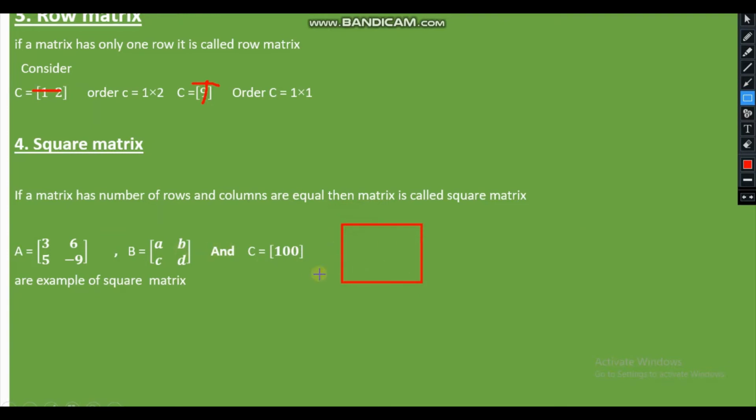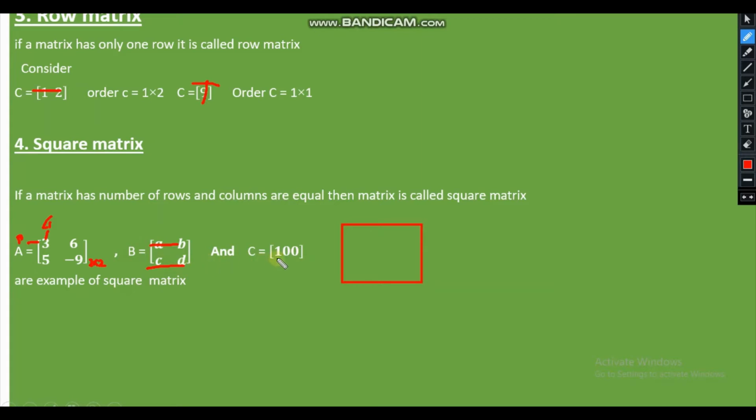Now here A is a matrix represented by 3, 6, 5, minus 9. Here 2 by 2 matrix, so the 2 rows and 2 columns are the same.